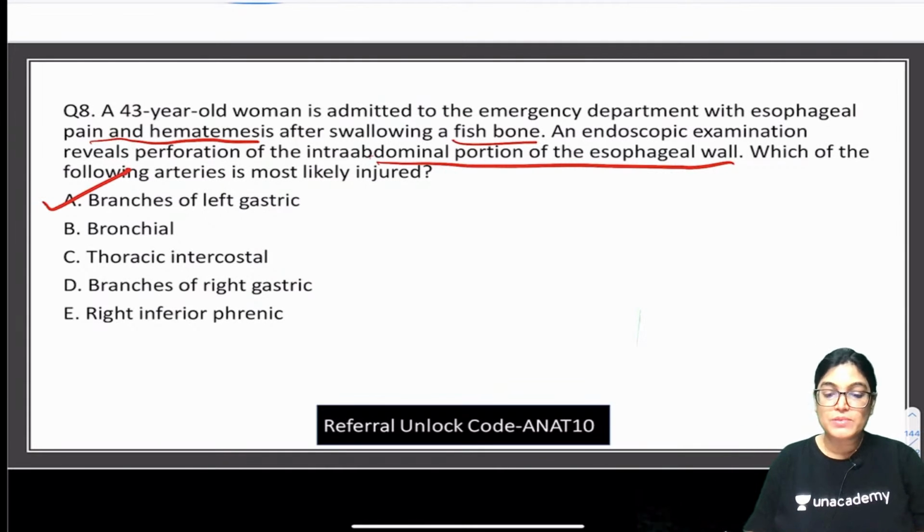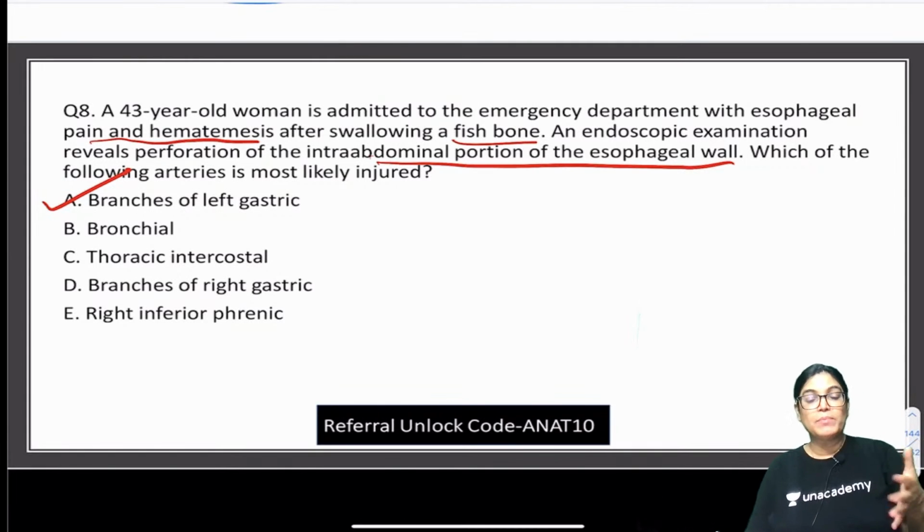For solving this MCQ correctly, you have to know the parts of the esophagus and from which sources they get blood supply. I will write it for you and then show you a diagram. All of you please note this down, it will be easy for your revision.